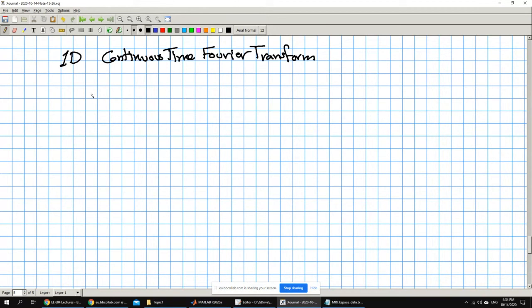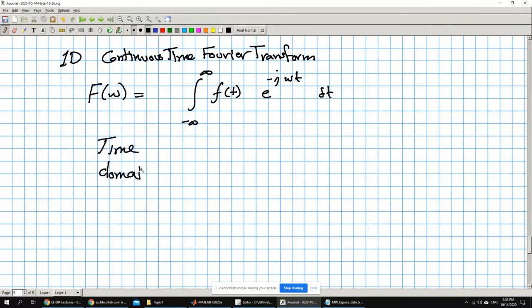The equation for that was F of omega equals the integration from minus infinity to infinity of f of t, e to the minus j omega t dt. We're going from the time domain, designated by the variable t, to the frequency domain, and in this case the variable for it is omega.